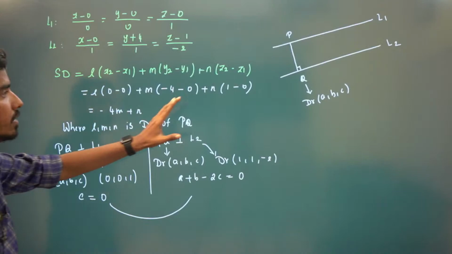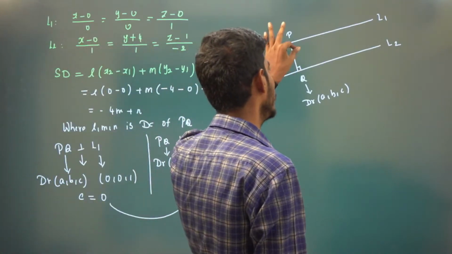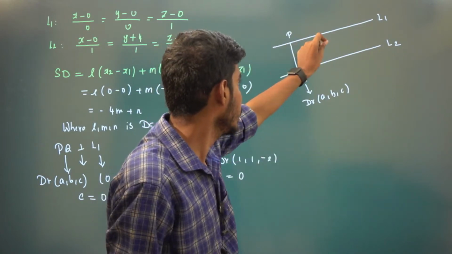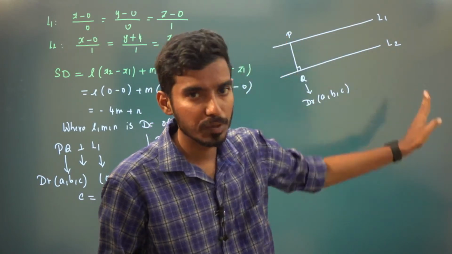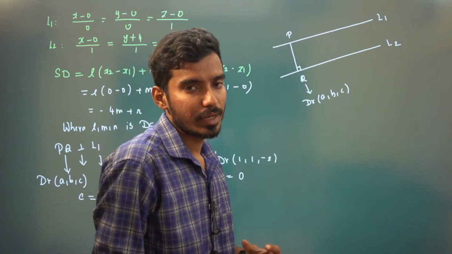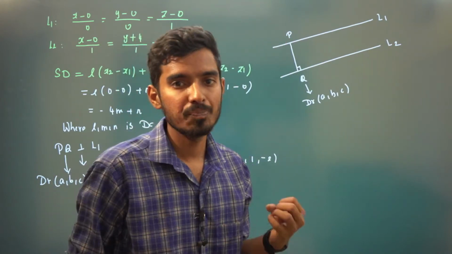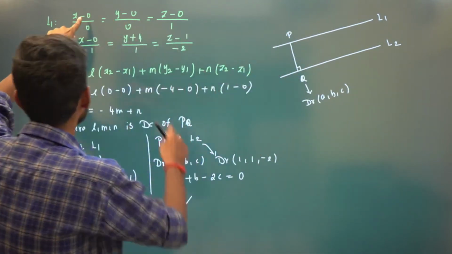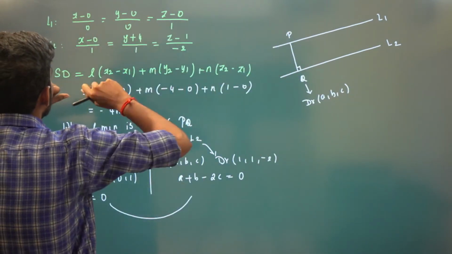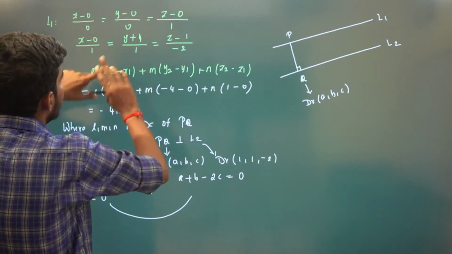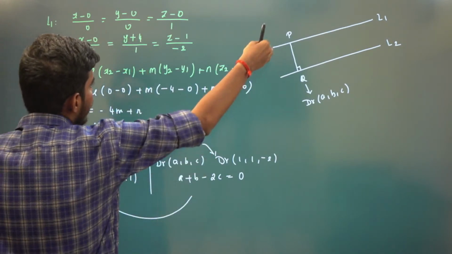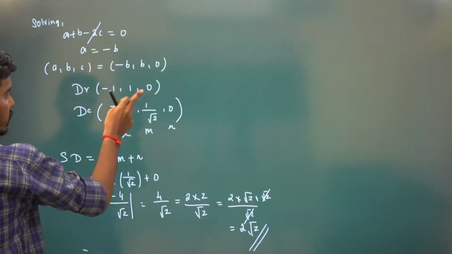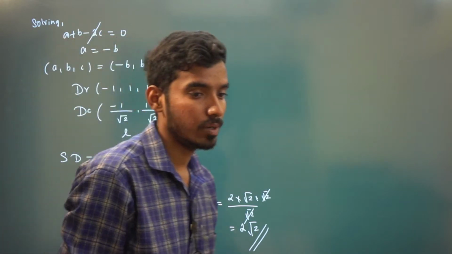That is, you find the equation of plane passing through PQ and L1, and the equation of plane passing through PQ and L2. x minus x1, y minus y1, z minus z1, a1, b1, c1, a2, b2, c2 is 0. x1, y1, z1 is 0, 0, 0, a1, b1, c1 is 0, 0, 1, and a2, b2, c2 is the direction ratio of PQ, which is minus 1, 1, 0. You will get the equation of plane P1.